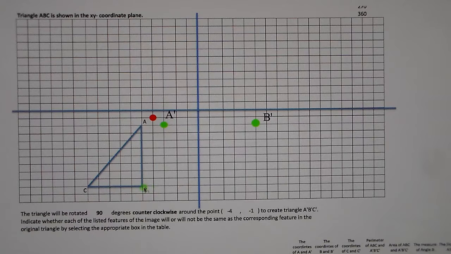Then we went 1, 2, 3, 4, 5, 6 to the left, or 6 west from that red dot. So a 90 degrees counterclockwise rotation of west will be south. So we got to go 1, 2, 3, 4, 5, 6 coordinates down from B prime. And that's where our C prime is going to be.